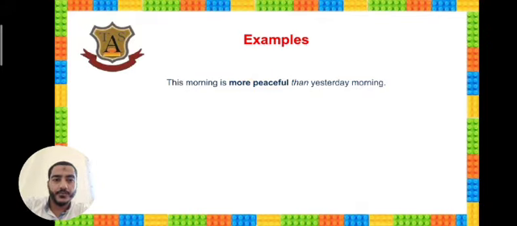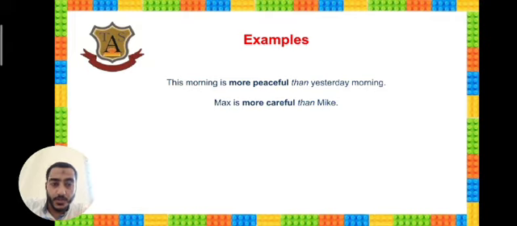Next: Max is more careful than Mike. Careful is a more than one syllable adjective, so we add more, then the adjective, then the word than to make a comparison.